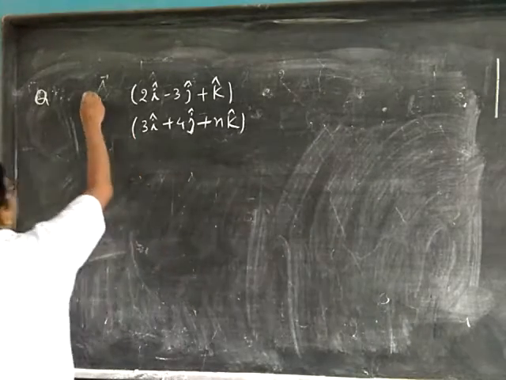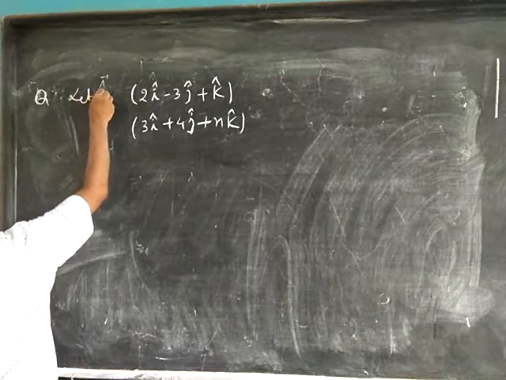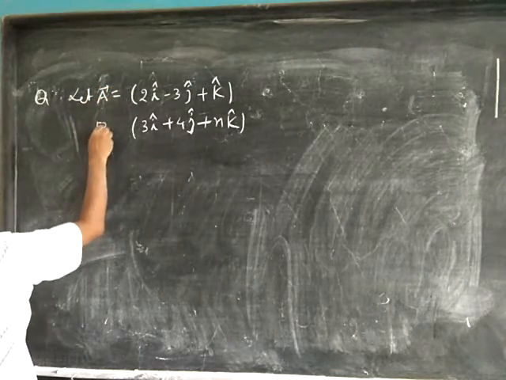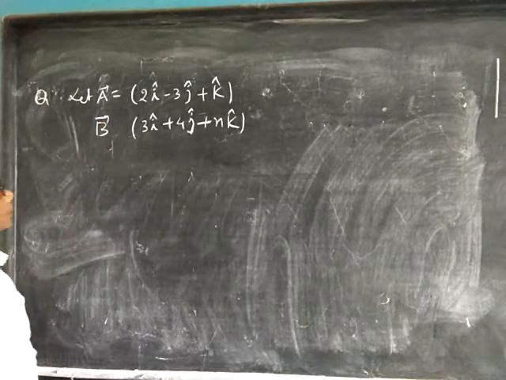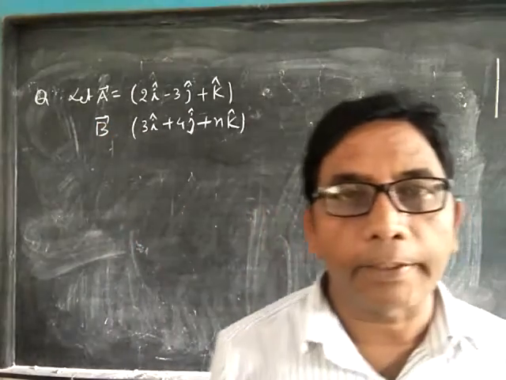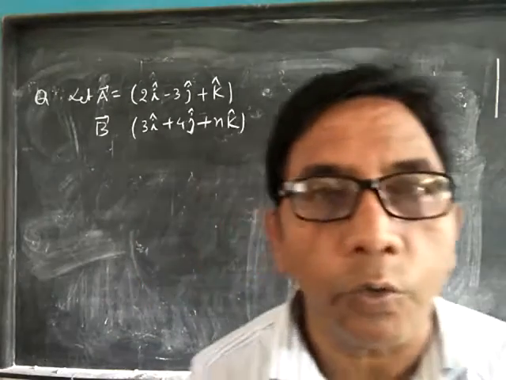Let this be vector A and this be vector B. Then we have to prove that vector A and vector B are perpendicular to each other.